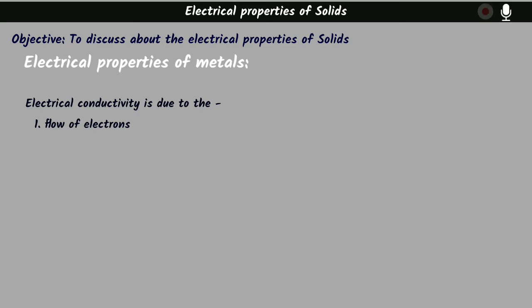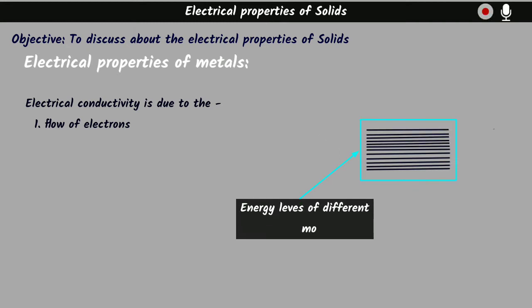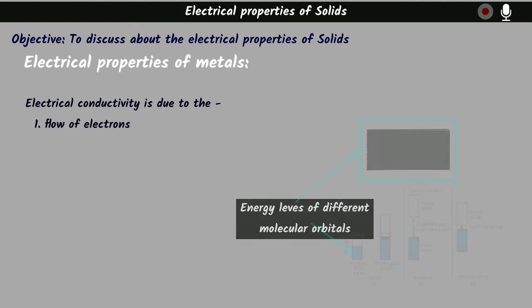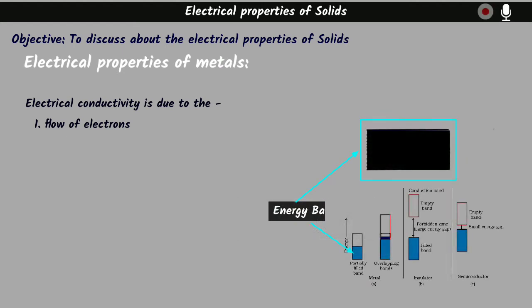The energy of these molecular orbitals is comparable, or similar to each other, so they give a band of energy, which is known as the energy band. And this band is known as the valence band.